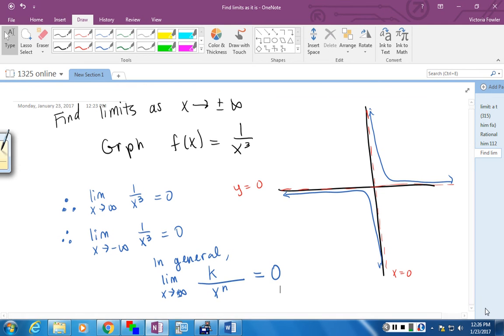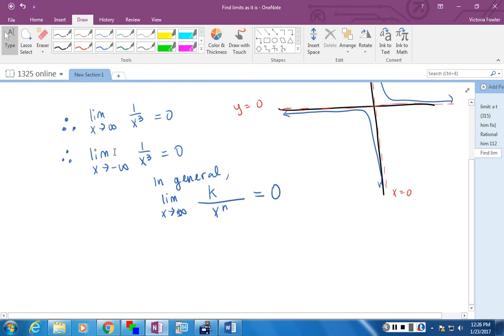And so this is going to become important as we start taking the limits as x approaches plus and minus infinity of these rational functions. I can use these horizontal asymptote rules I have to help me, and I can also do a few other things, like dividing everything by the largest power of x in the denominator.